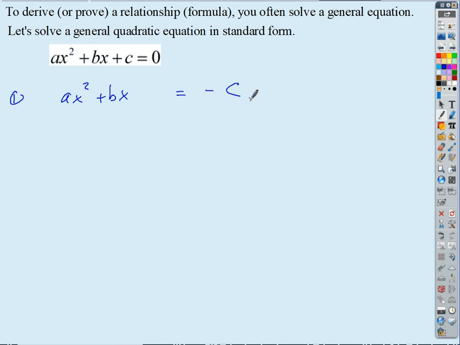Okay, now what? Divide by a, because I need the left side to be x squared plus some number times x, right? So if I divide both sides through by a, what am I going to get? X squared. Oops, back up.